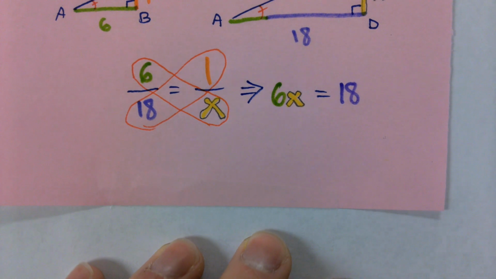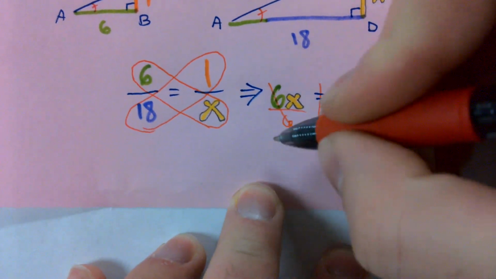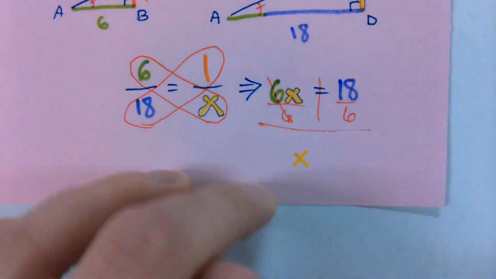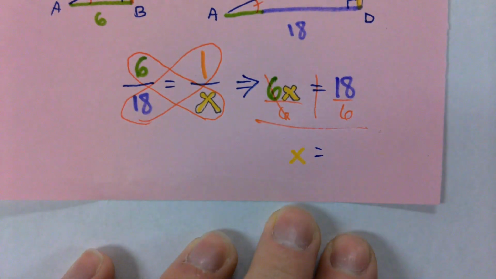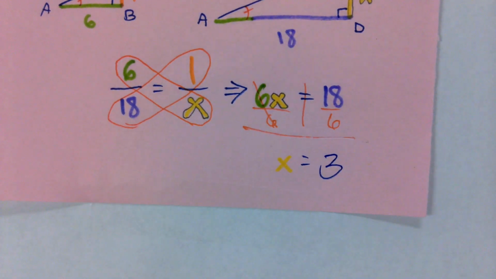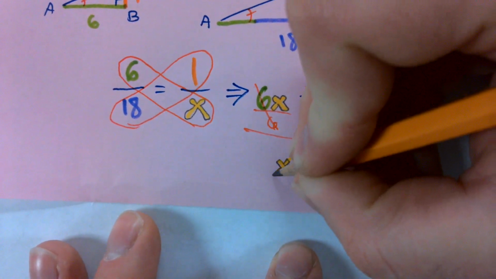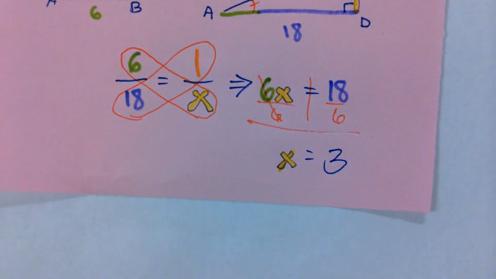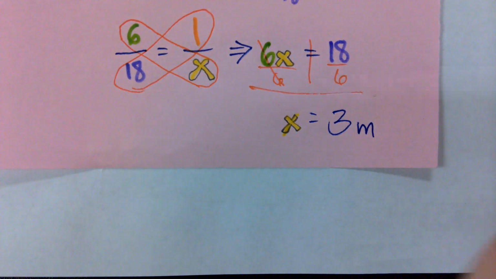If we want to get x all by itself, we've got to divide both sides by 6. Cancels out, giving us x is equal to 18 divided by 6 gives us what? 3, right? Now, because we're talking about a real-world problem, we of course need units on this answer. So 3 what? 3 meters, exactly.